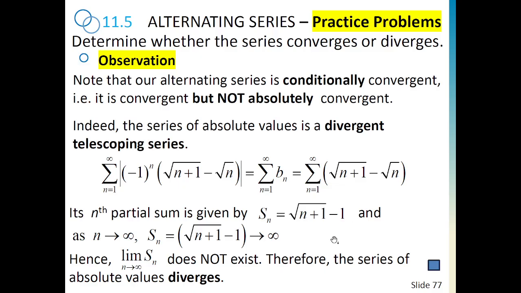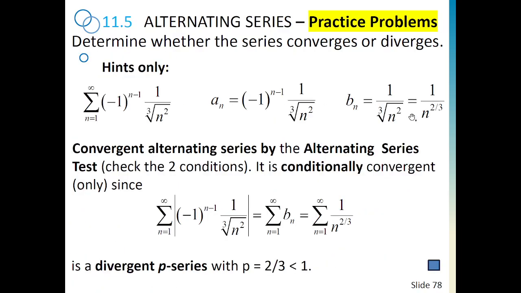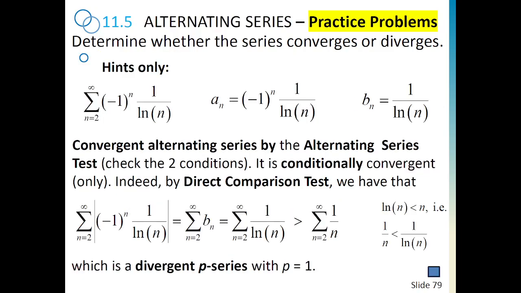Since the general term does not go to 0, by divergence test we know that this series will be divergent. Therefore, the series of absolute value is divergent. Conclusion: our original series is only conditionally convergent.